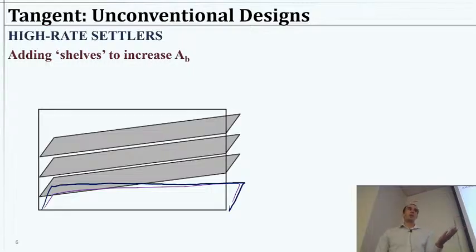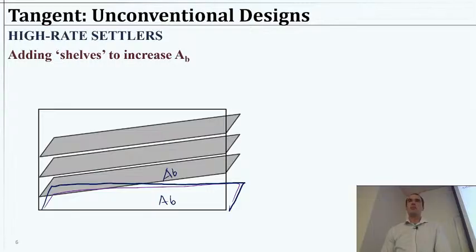And what this will do is, in a way, reduce the height that the particles have to fall as they're going through it. So one way to look at it is we're reducing the height the particles travel before they hit something where they stop. The other way to look at it is we're literally multiplying our area, right? Because each shelf has some area.